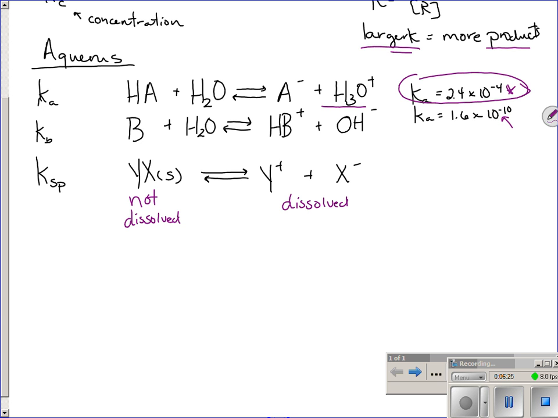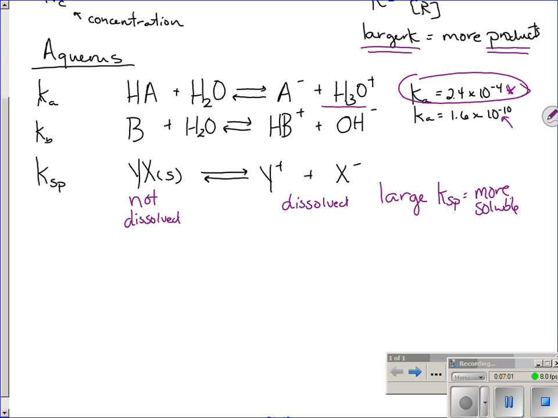The larger the value of K, the more products we're going to get, and in this case, that means there's going to be greater solvation, a greater solubility for that solubility product. So again, we can use solubility product values to determine how soluble the salt is. Large values of Ksp mean that the salt is more soluble. It's making more ions, and that's what solubility is.